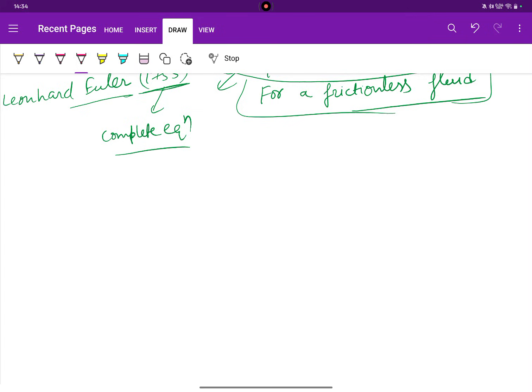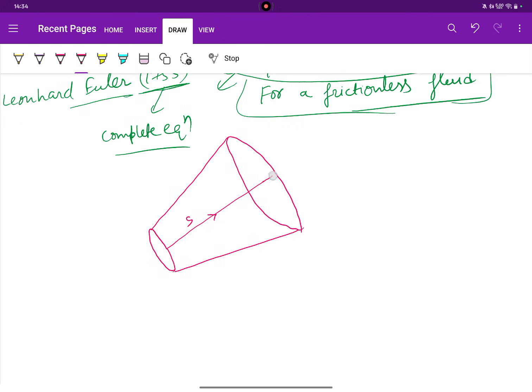So let's say I'm going to consider a streamline in this direction s, and its area of cross section is going to vary. Fine.